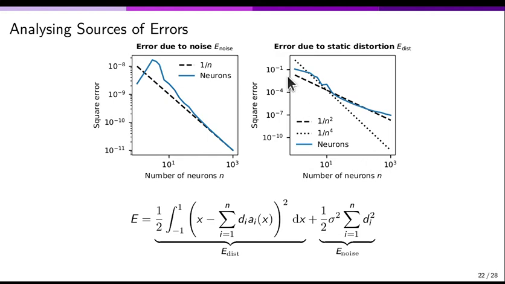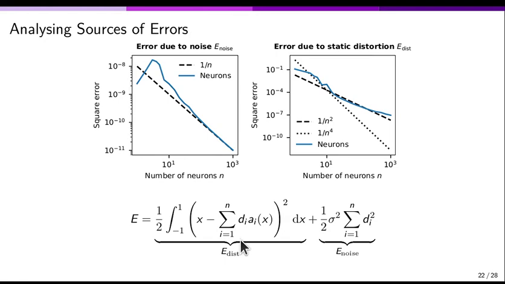We can see this coming down at some reasonably regular rate. What we're showing here is that the squared error is coming down about as n squared. It's not perfect, but that's about what we're trying to see here. This is the error due to the static distortion, the non-noise aspect.